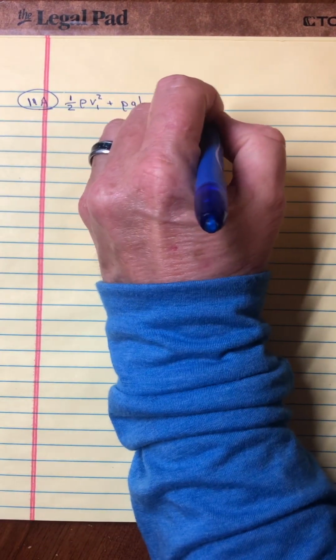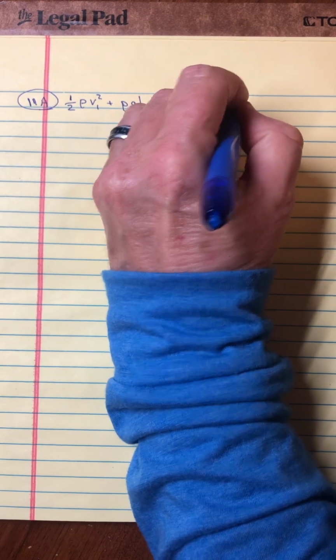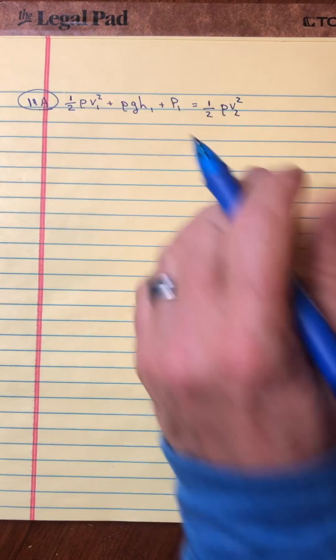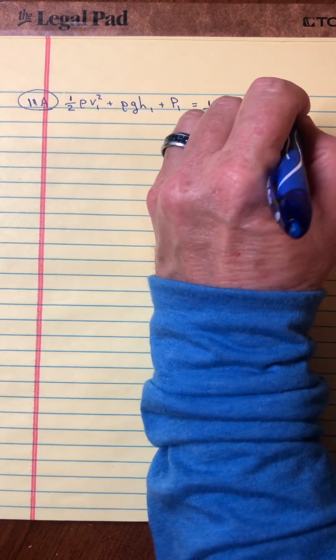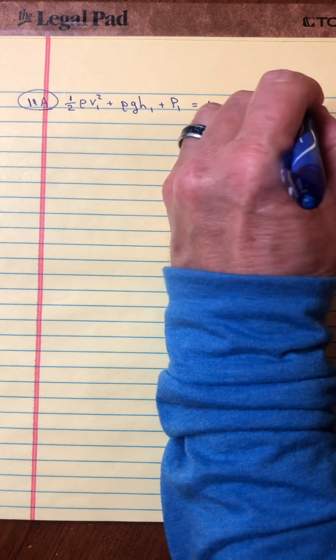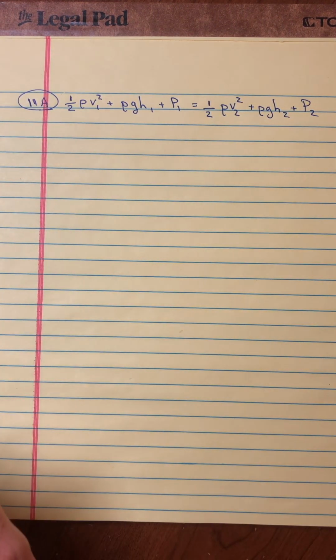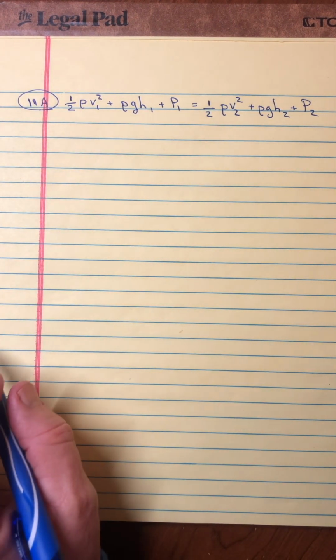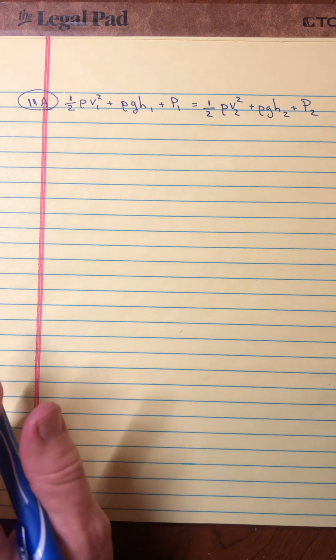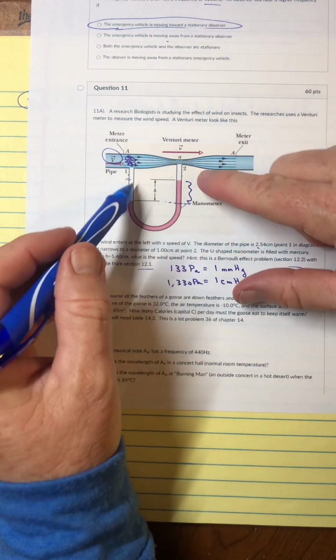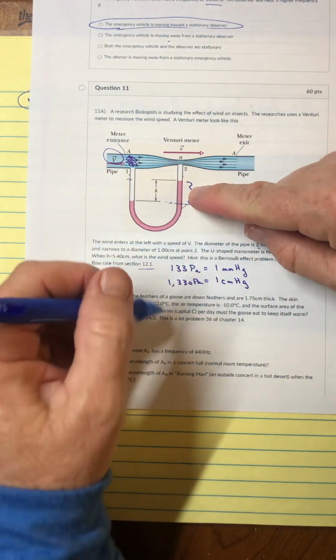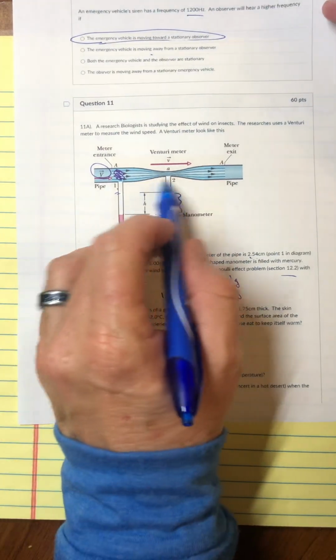However, it may change into a different amount of kinetic or a different amount of potential energy or a different amount of pressure energy. And we can hopefully see here in the diagram that the height doesn't really change. I mean, the biologist, if you had a big picture, would be standing and the ground would be way down here. This is a horizontal wind.